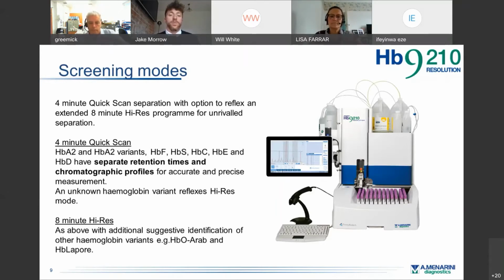So, for example, hemoglobin variants such as HbO or Hb Lepore, you'd get better peak identification in the 8-minute mode, and the software would also auto-suggest an identification for these hemoglobin variants.